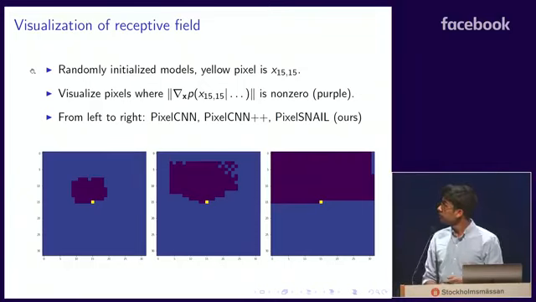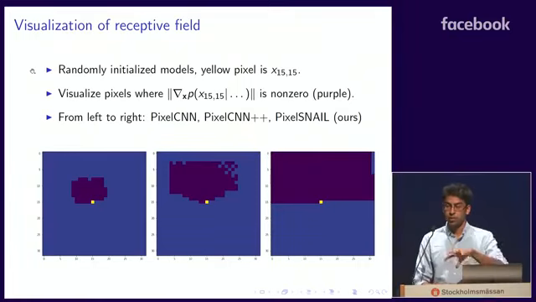What you see on the left is for PixelCNN, and it's only looking at basically the pixels right around that yellow one. We can see that PixelCNN++ is a little bit better, and when we move on to our model, you can see that the prediction is being influenced by all of the pixels in the image. So it can potentially learn any long-term dependency.